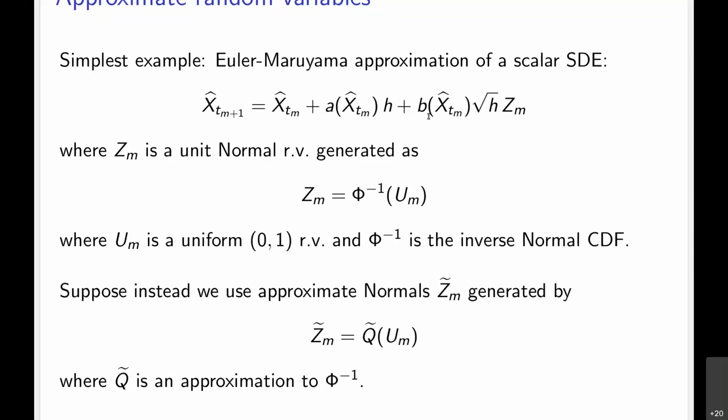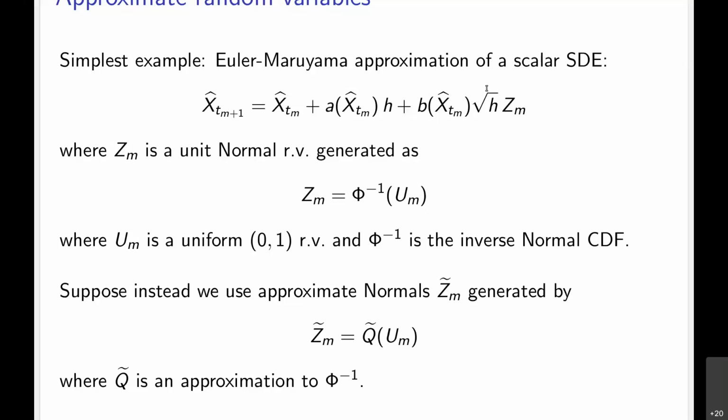So when we discretize that with an Euler-Maruyama approximation, we get x at the new time is equal to x at the old time plus the drift function A times the time step h plus the volatility B times the Brownian increment. And the Brownian increment has 0 mean and standard deviation equal to square root of h.